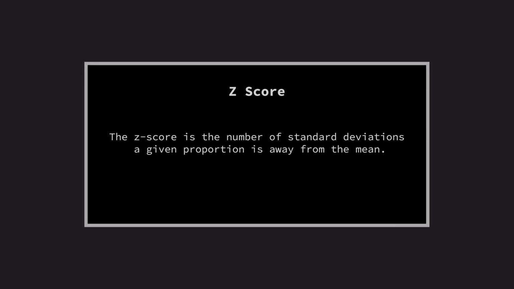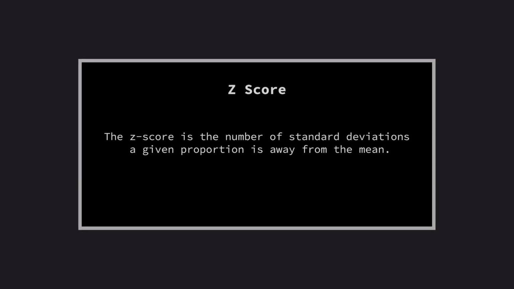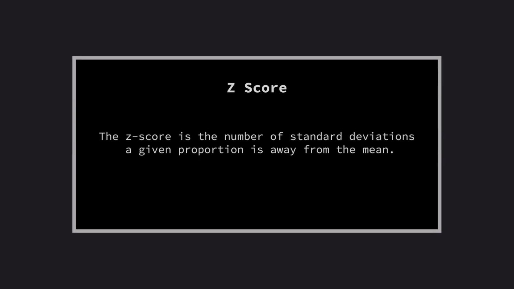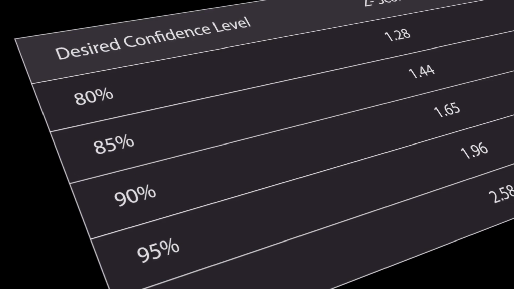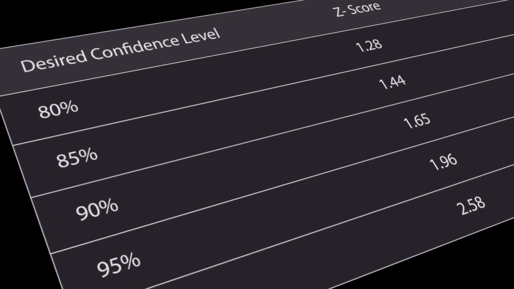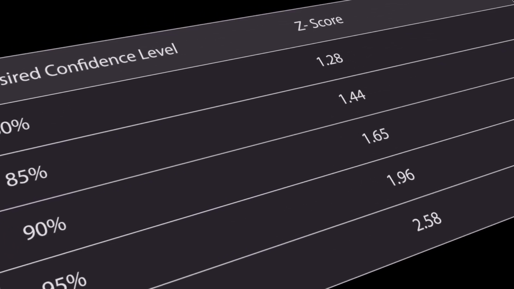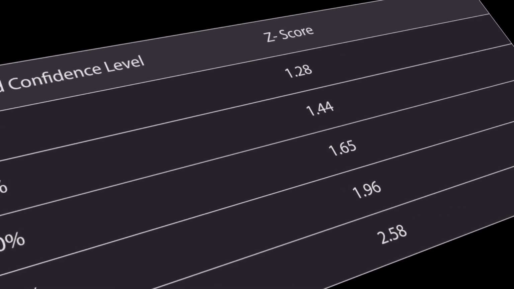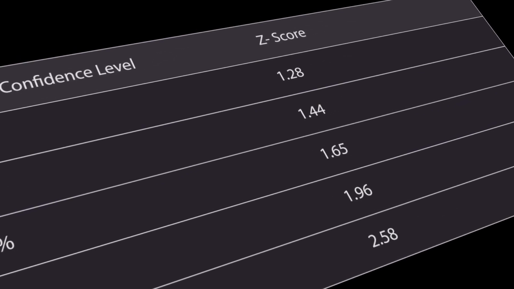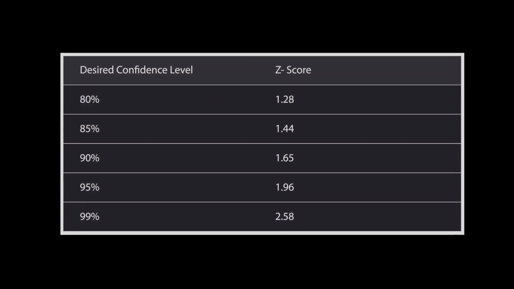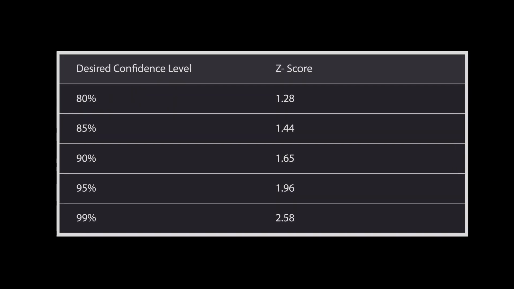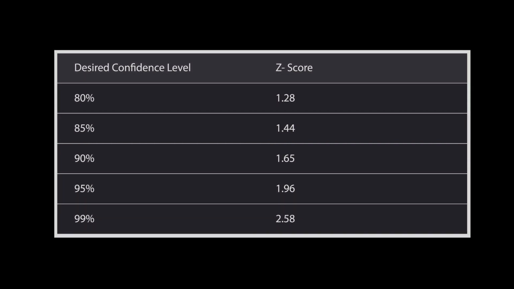The Z-score is the number of standard deviations a given proportion is away from the mean value. To find the right Z-score to use, you can refer to the table below. For example, an 85% confidence level corresponds to a 1.44 Z-score, and a 99% confidence level corresponds to a 2.58 Z-score.